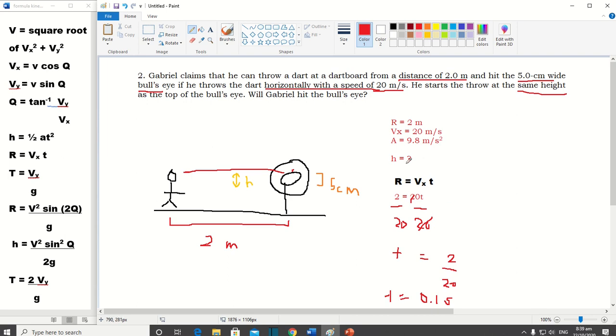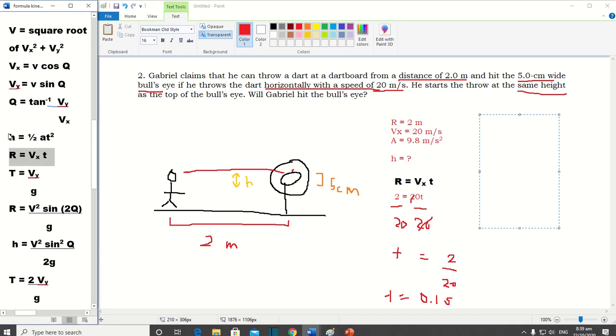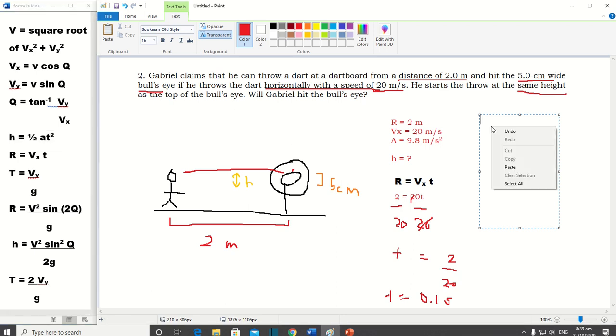Ang hinahanap natin is height. Ngayon, meron na tayong time. Pwede na natin gamitin yung formula ng height, which is 1/2 times acceleration times time raised to 2. Kaya yung purpose ng paggamit natin sa formula ng range kanina is to find time first, and then pwede na nating hanapin yung value ng height.